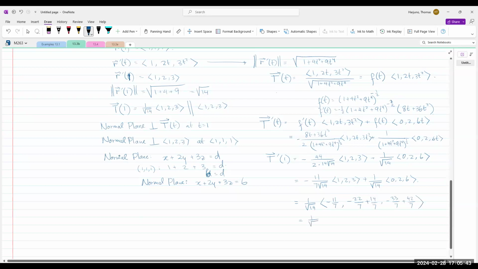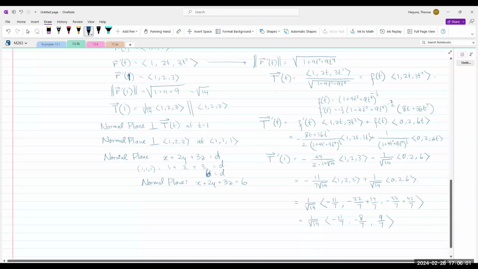So we get 1 over square root of 14 times negative 11 over 7, this is negative 8 over 7, and this is positive 9 over 7.